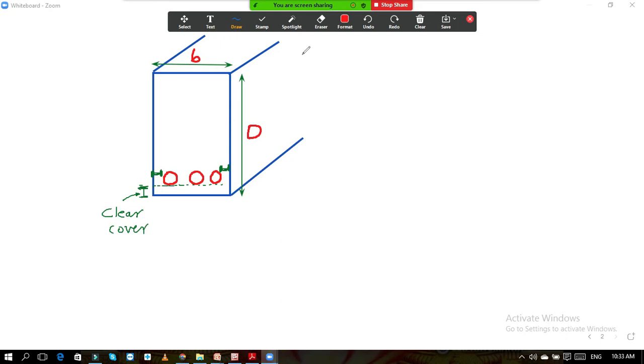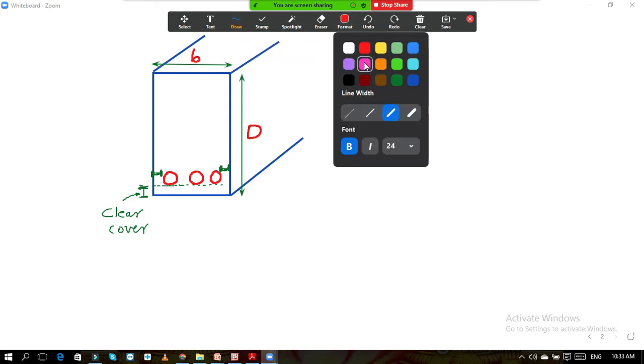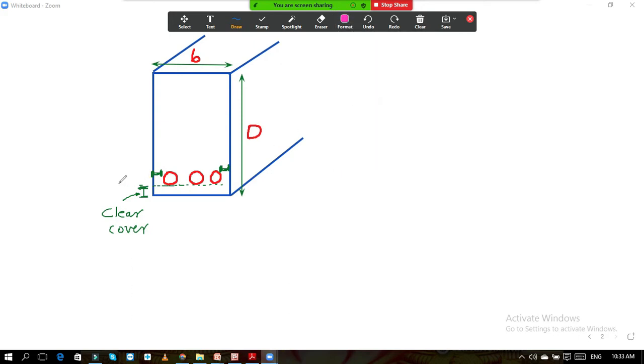Now what is the effective depth? To find the effective depth, if I draw this center line, this line is passing through the center of all these bars.